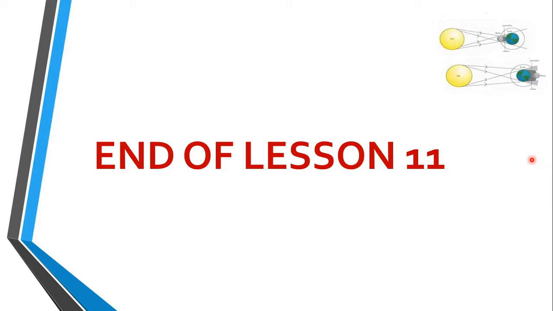Then we'll move on to look at pinhole camera as an evidence that light travels in a straight line. Then we'll move on to shadow formation, where we look at the two types of shadow, also showing evidence that light travels in a straight line. Then finally we ended with eclipse of the sun and of the moon as evidence that light travels in a straight line. The next property we're going to learn is reflection of light.